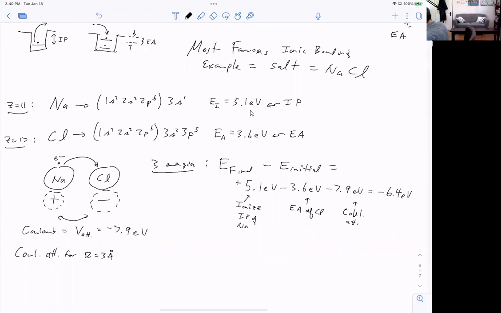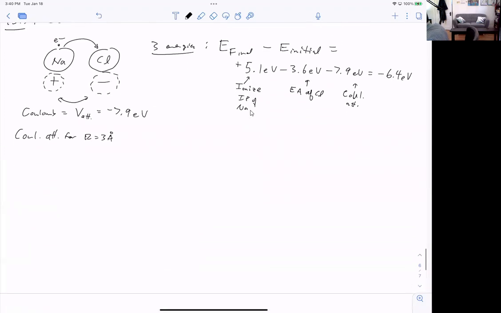So you can see that the system will gain 6.4 electron volts if an electron jumps from sodium to chlorine. That's quite profitable. It's going to happen because that's a big lowering of the energy. So this is a bonding interaction, and that's the origin of the ionic bond between sodium and chlorine. The two atoms are bonded by 6.4 electron volts.